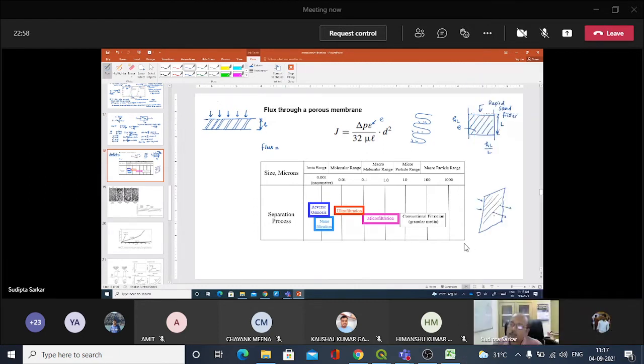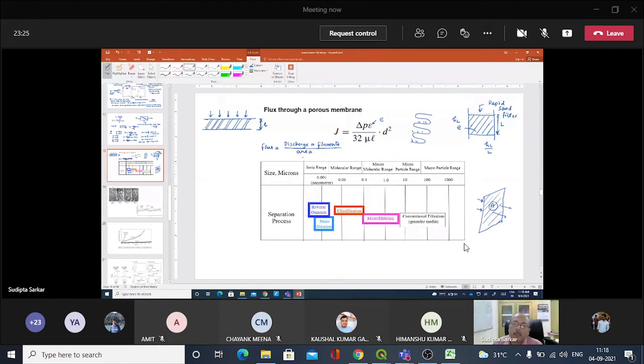It doesn't have depth, only some area. So how do we define the loading on this membrane? It is defined as the flux of the membrane. It is nothing but the discharge or the flow rate per unit area of the membrane.